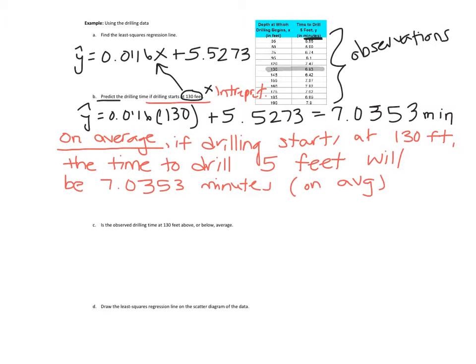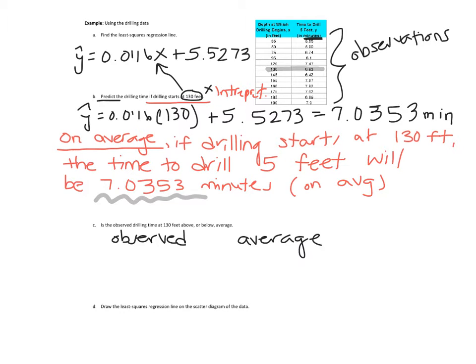And remember, the average is 7.0353. So we want to know how the observed time compares to the average time.